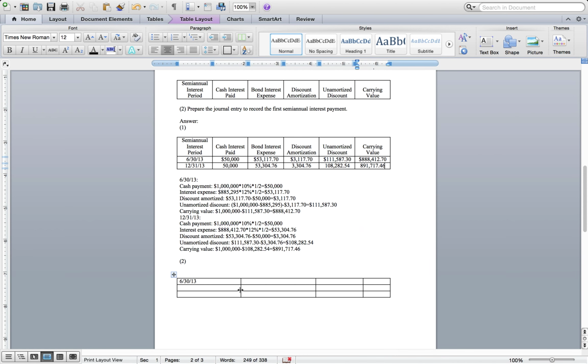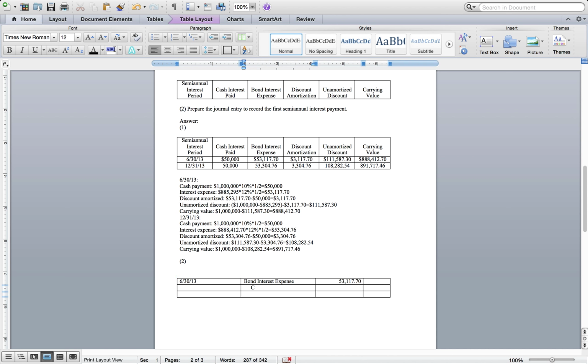Now, part 2 said, prepare the journal entry to record the first semi-annual interest payment. So that'll be the one at June 30th, 2013. So we're going to start off by debiting bond interest expense the full amount for the $53,117.70.